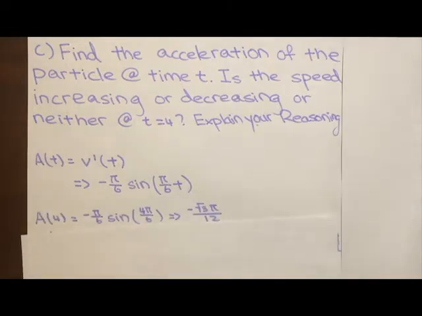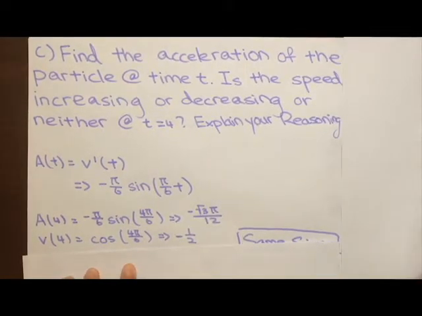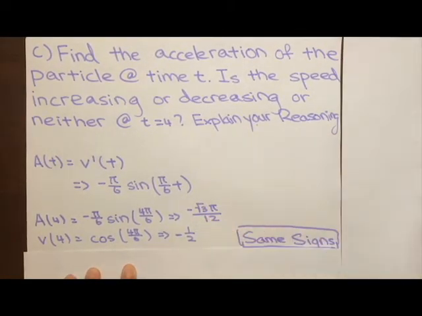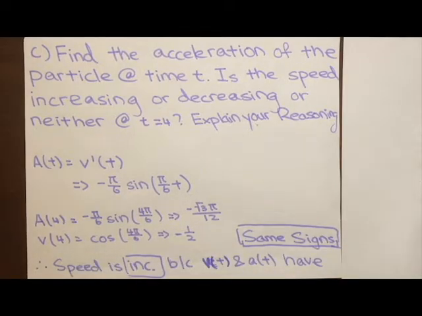With this in mind, we can plug in 4 into both the acceleration equation and the velocity equation. With that, we will get negative root 3 pi over 12 for acceleration and -1/2 for velocity. As you can see, both have negative signs. Therefore, we can conclude that the speed is increasing because the velocity and acceleration have the same sign.